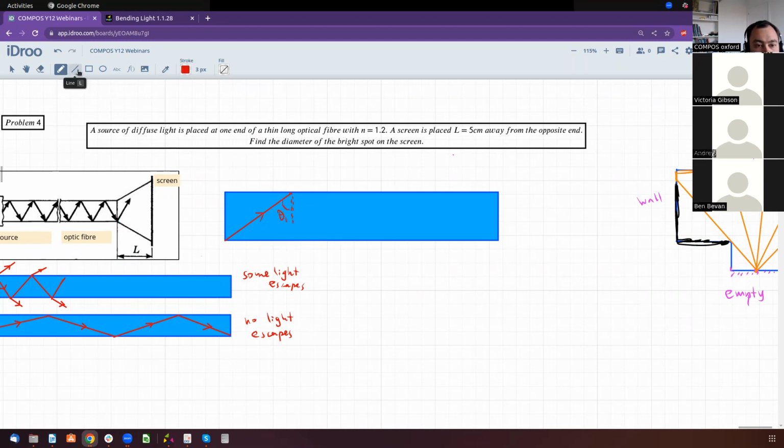And when it hits like this, we'll call this θ2, and when it escapes, it's going to be θ3.